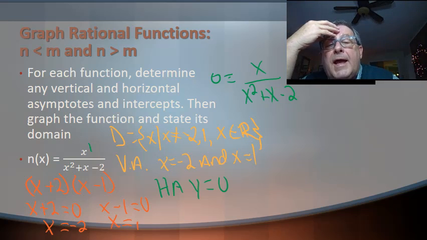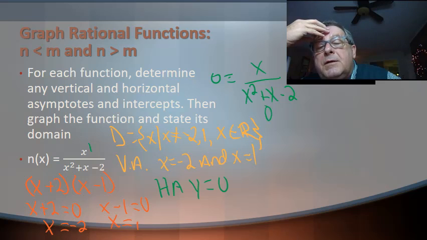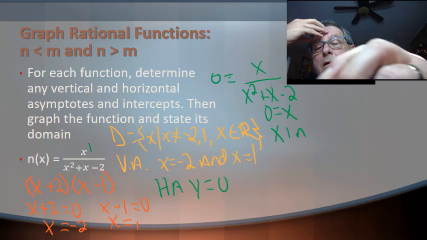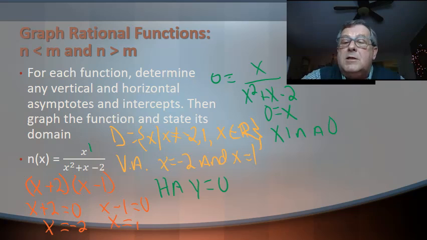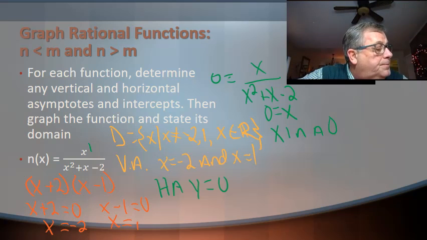And just like we saw in the last example, if I multiply both sides of the equation by that quadratic in the denominator, it'll cancel out on the right-hand side, and on the left I'm going to end up multiplying it by 0, and I'm going to be left with 0 equals x. So I'm going to have an x-intercept at x equals 0.